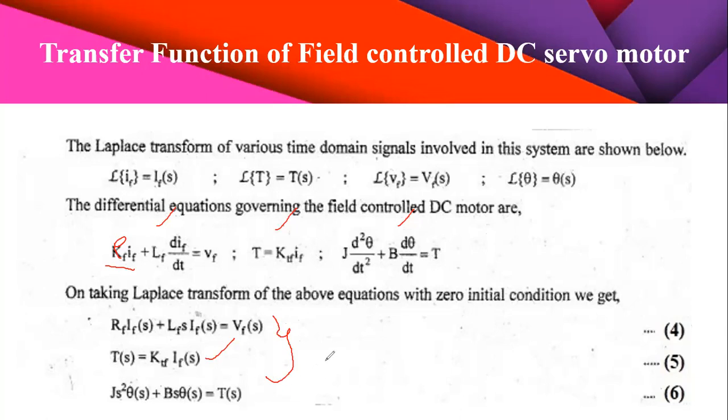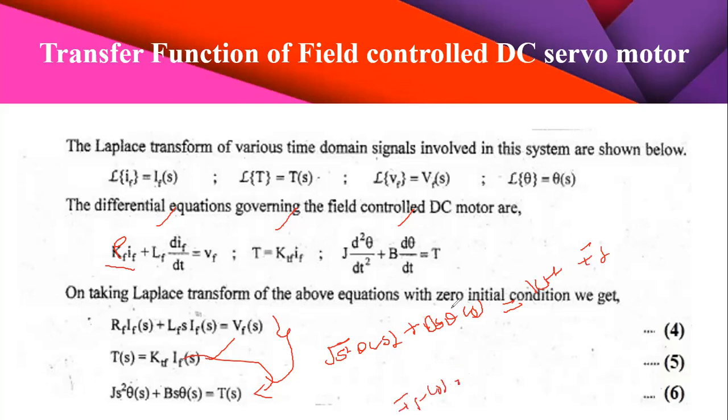Now from here I am going to substitute 5 in 6. If you substitute 5 in 6, then what you will get? Js square theta of S plus Bs theta of S equals, here instead of T of S I can substitute KTF and IF of S. Now I want the IF of S formula here.